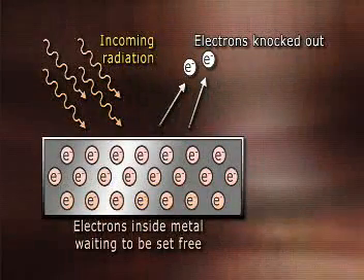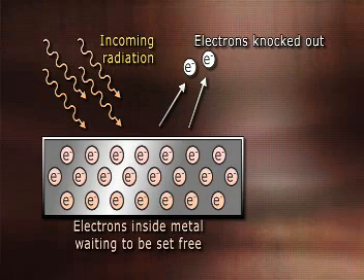Photons that have high frequency radiation have high energies, and photons that have lower frequency radiation have lower energy. When photons are absorbed by metals, their energy is transferred to electrons that are in the metal.